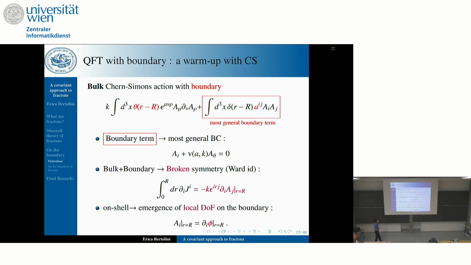The approach in my case is more of a holography without gravity, in a sense. And the idea is to consider a one-sided boundary, so the theory is only on one of the two sides.